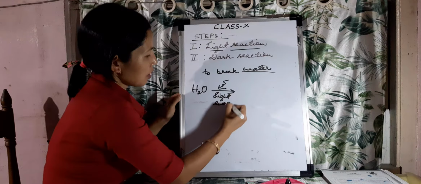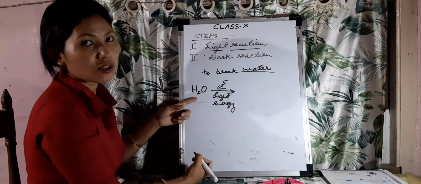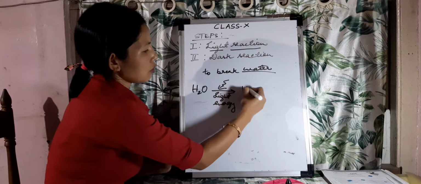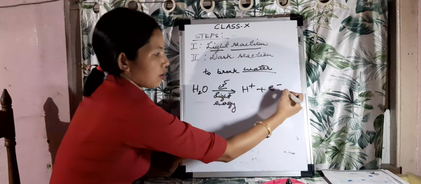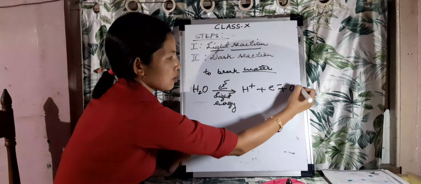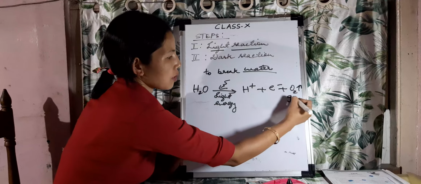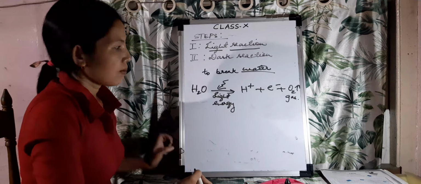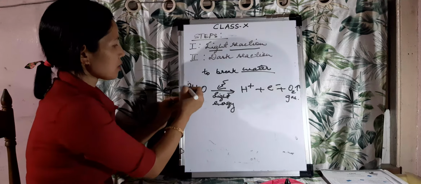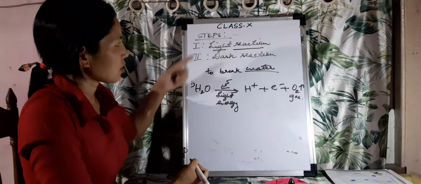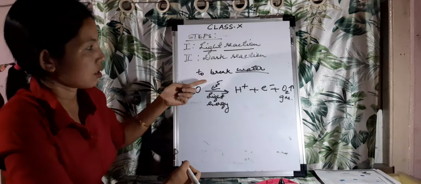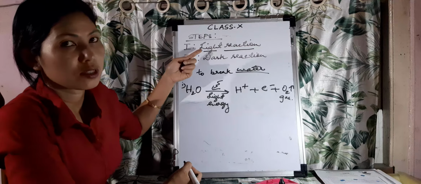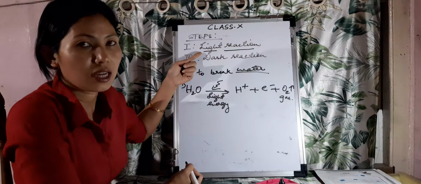By the action of light energy, the water molecule is broken down into hydrogen protons and electrons, and the oxygen molecule is released in the form of gas, right? So this is our first event that occurs in light reaction. The name itself suggests that it involves the activity of light, right?